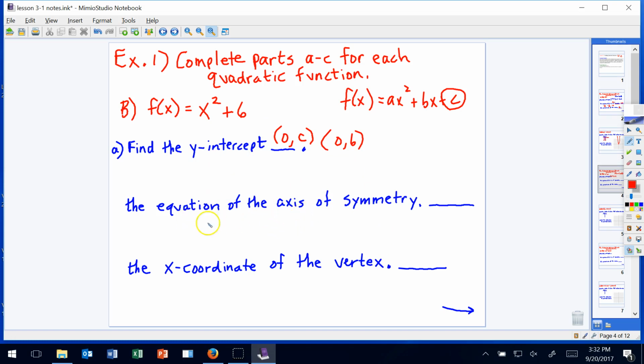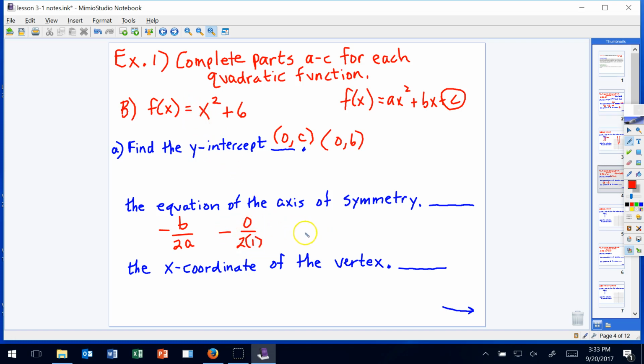Okay, the equation for the axis of symmetry, let's just look at that formula again. We need to be really good at it because it really comes in handy with standard form. Alright, so the opposite of b, well, we said there is no b, it's understood to be 0, over 2 times a. In this particular case, the coefficient of x squared is 1.